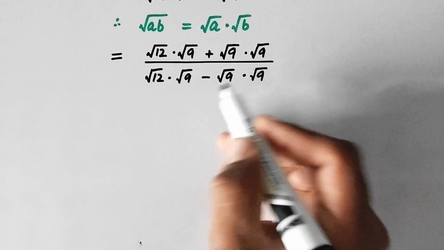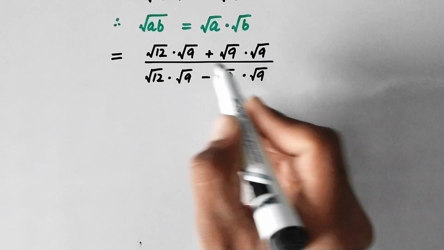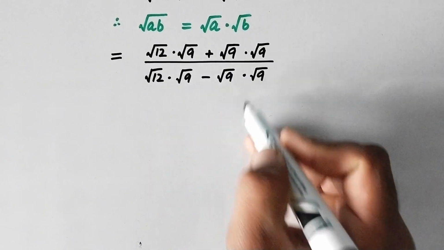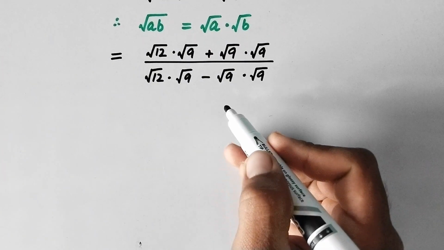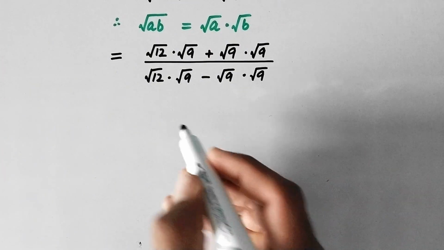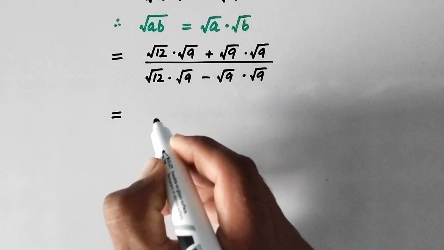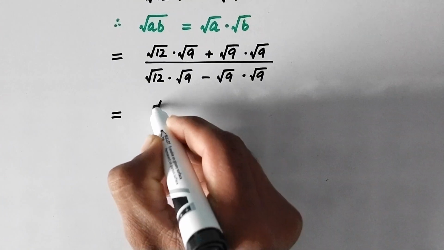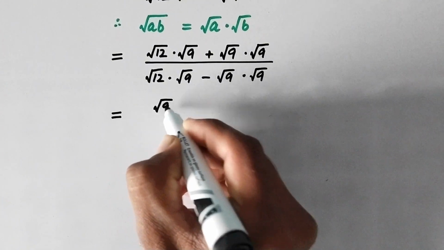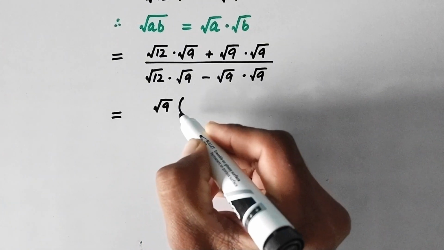And now here, in the numerator as well as in the denominator, square root of 9 is repeating. So we will take it out as a common factor from the numerator and denominator. So here we will get square root of 9 common.